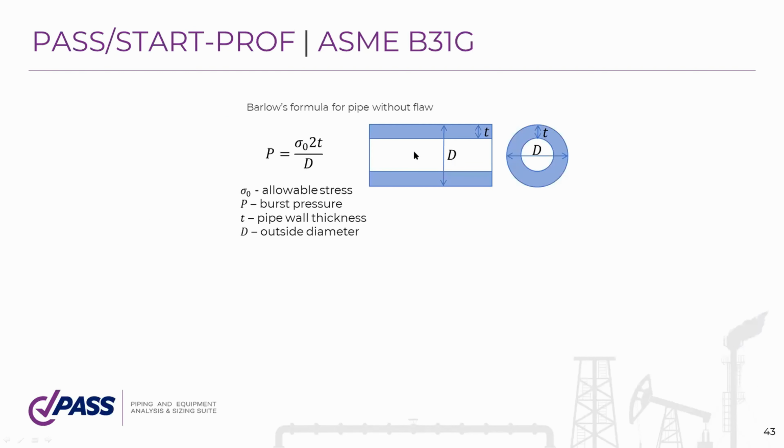For example, we have a pipe without defect. In this case, the allowable pressure can be calculated as allowable stress multiplied by two wall thicknesses and divided by outside diameter. It's Barlow's formula.